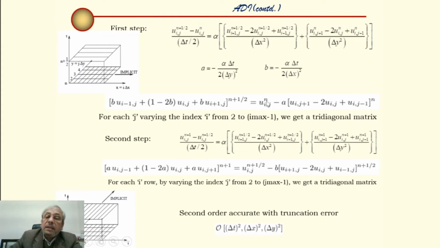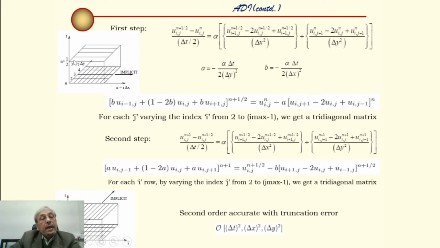On the other hand, in the right hand side, we can see what we write: uij at nth level, this term comes here, minus a times uij plus 1 minus twice uij plus uij minus 1. Within this a, basically this alpha delta t and twice delta y square are absorbed, and all these are known.